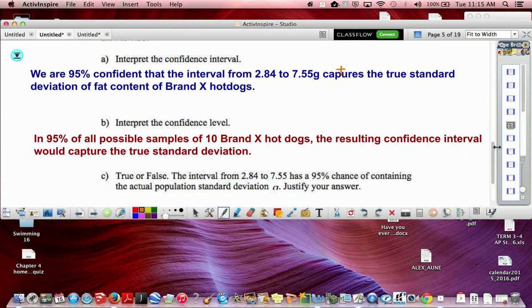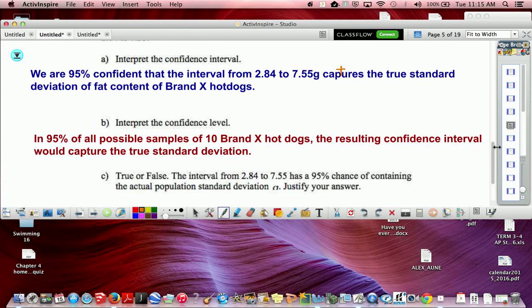Well, this interval is based on how many samples? That's the sample size. 10 is the sample size. So this interval is coming from how many samples? You don't know.